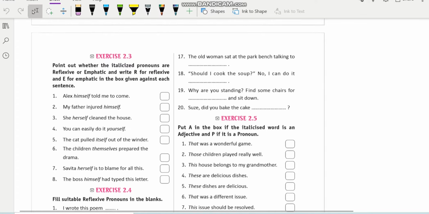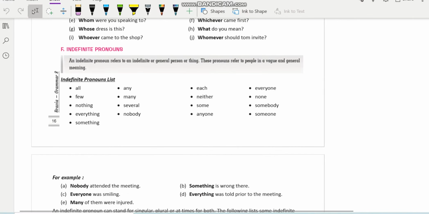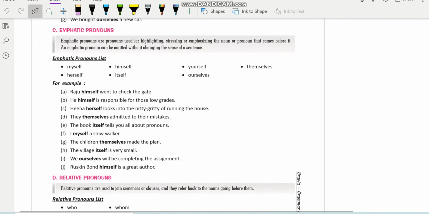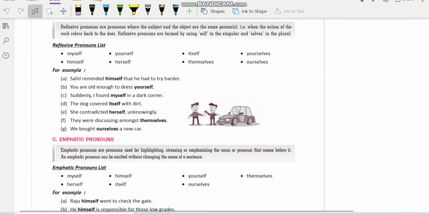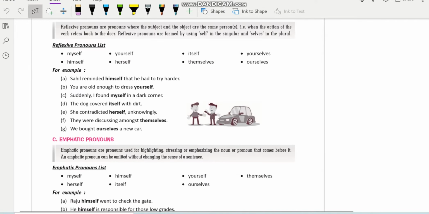Now let me again remind you what are reflexive and what are emphatic pronouns. And I also told you a trick how to identify which one is reflexive and which one is emphatic. The reflexive pronouns are pronouns where the subject and the object are the same person, like how you are old enough to dress yourself.